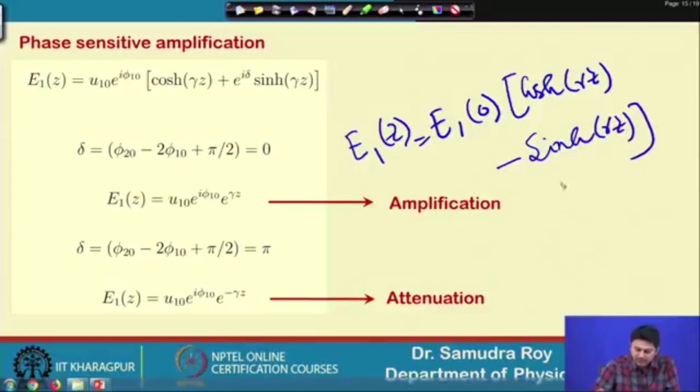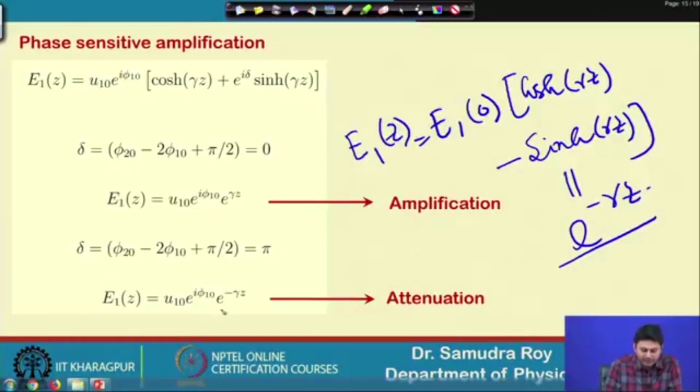This term is nothing but e to the power of minus gamma z. So, an exponentially decaying term will be involved here, like it is shown here. That means if the phase relationship between E2 and E1 is such that delta becomes pi, then we will get an attenuation. The subharmonic is not going to be generated anymore.